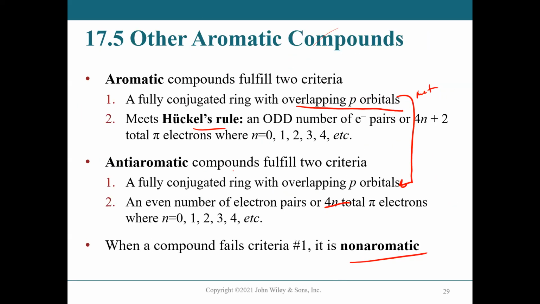Now, anti-aromatic compounds fulfill the 2 criteria. They have a fully conjugated ring with overlapping p orbitals. Well, we have that right here. If you do this little circle deal, you get this, right? You have 4 pi electrons, so 1, 2, 3, 4.